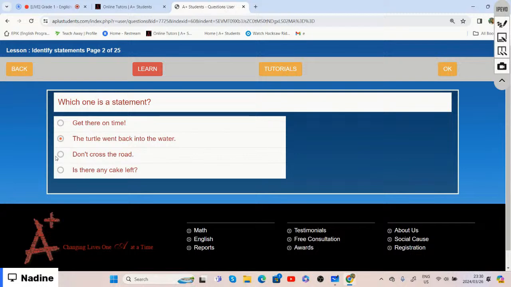If I tell you the turtle went back into the water, you don't have to say anything. It's going to be so awkward. Do you say, no? Do you say, what? Do you say, okay? Because if we say don't cross the road, it's like somebody commanding you not to cross the road. So we will go with the second option.